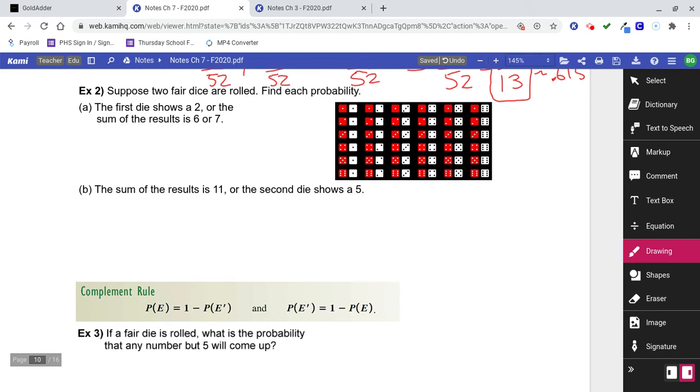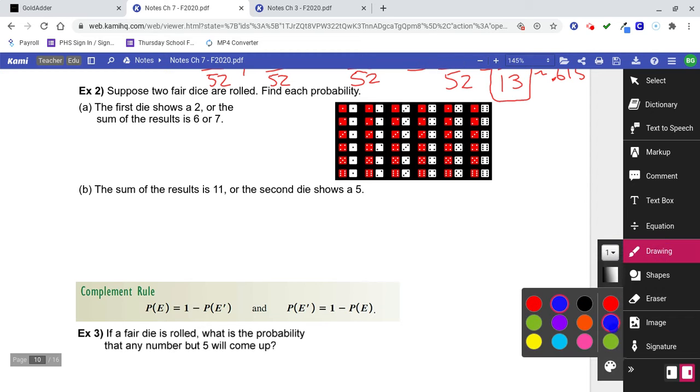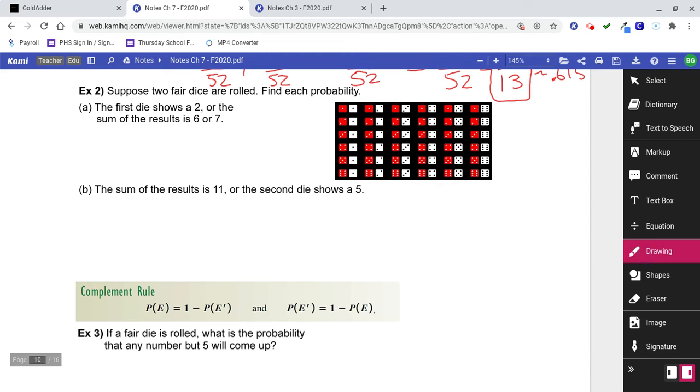Number 2, suppose 2 fair dice are rolled, find each probability. Part A says the first die shows a 2 or the sum of the results is 6 or 7. Okay, so let's do this. We want the probability that the first one is a 2 or the sum is 6 or 7.